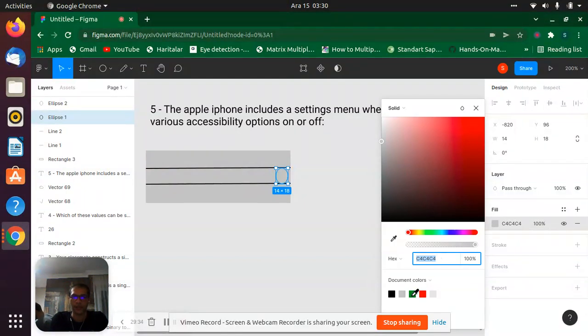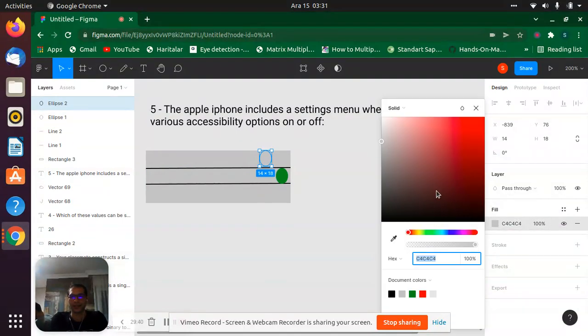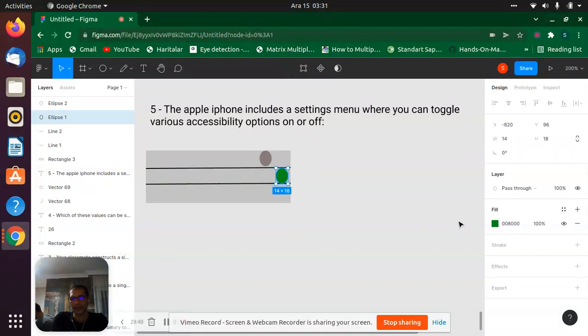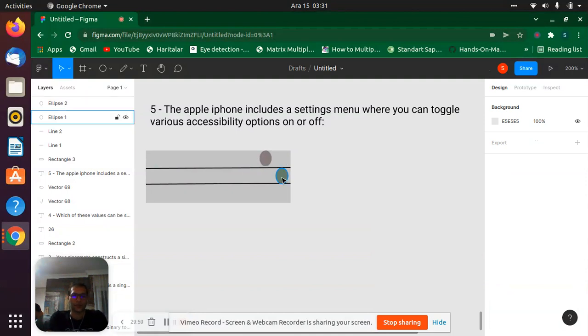It will be green. It's really not important, this one doesn't have to be this color. Maybe it can be the same color as this. Anyway, I think it's also the same color. And we need one more.